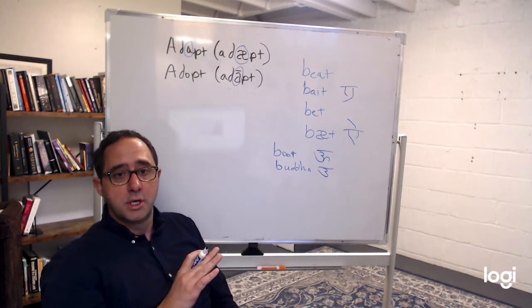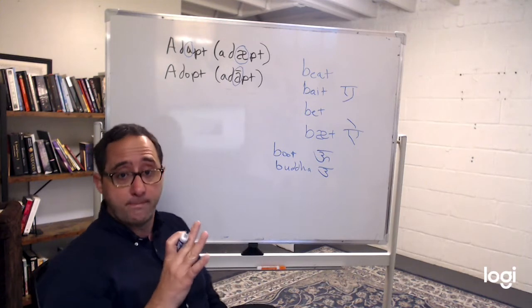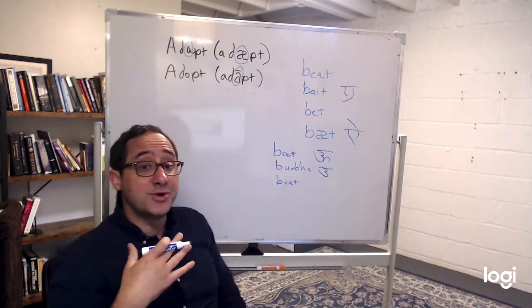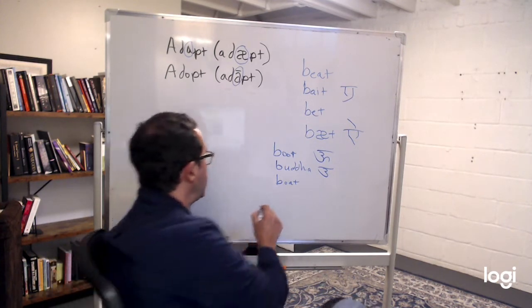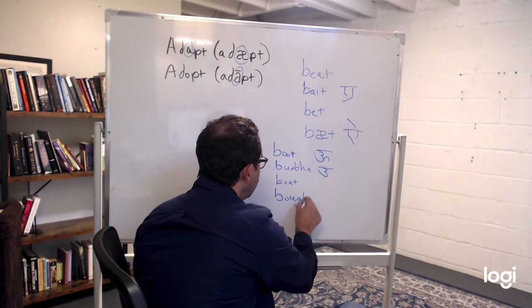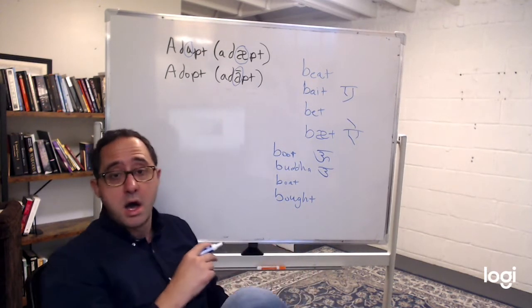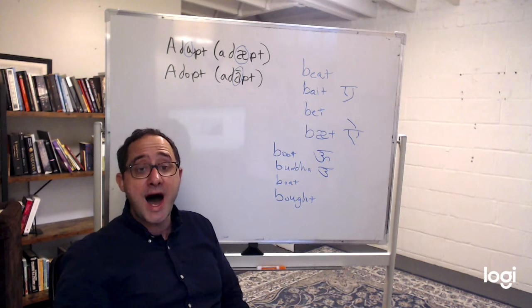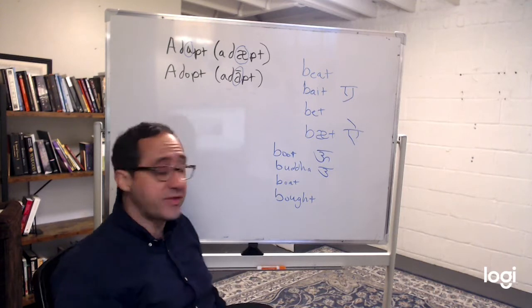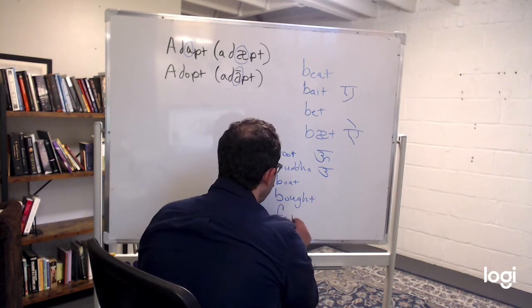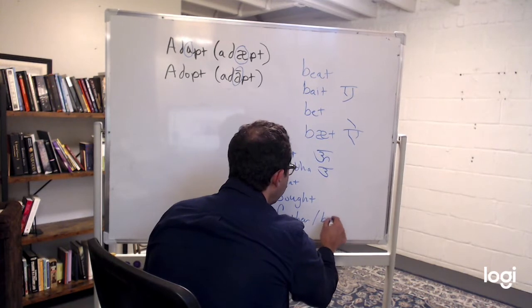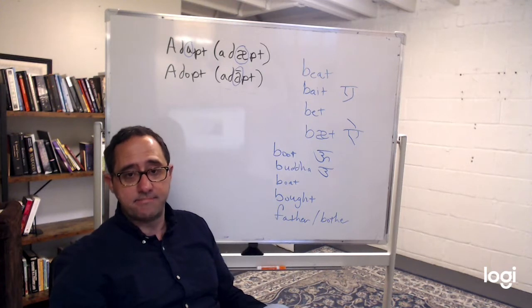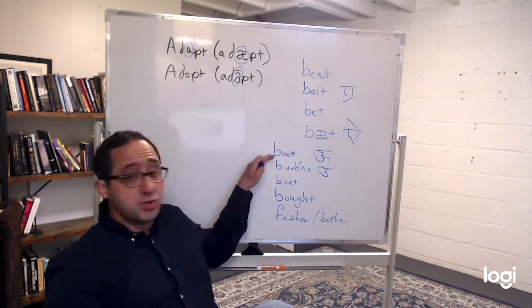Then bo, like boat. Then we go to ah, like bought. And then a little bit below that, we have father, or bother. Bother, bother. It's different.